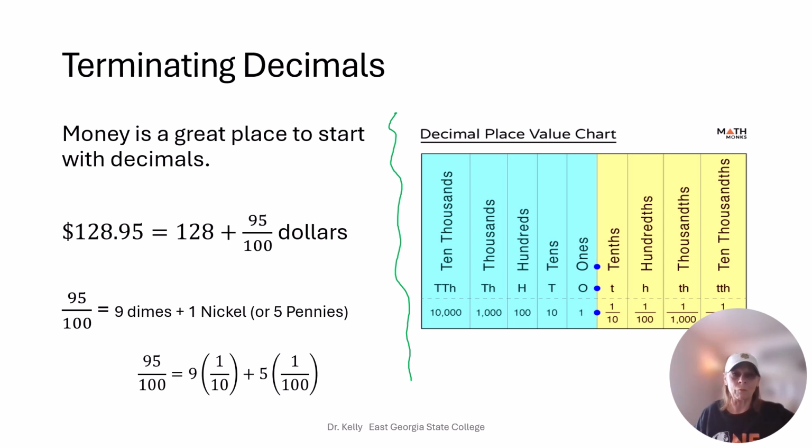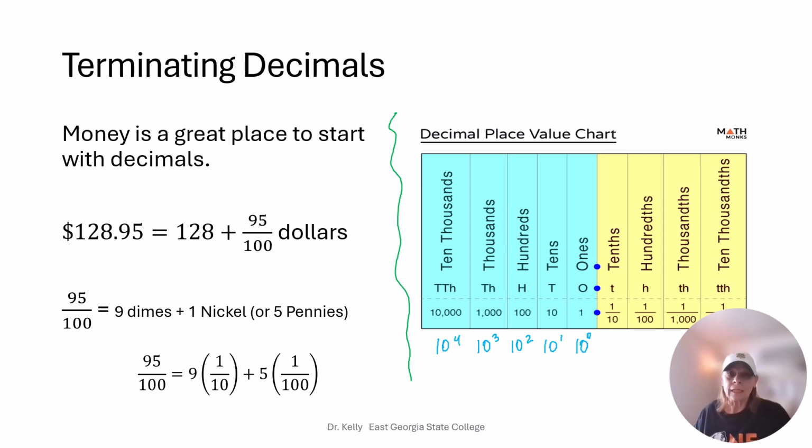The one thing that I would add to this chart would be the powers of 10. So let's add that. So 1 is 10 to the 0 power. 10 is 10 to the first power. 100 is 10 squared. 1,000 is 10 cubed. And 10,000 is 10 to the 4th.